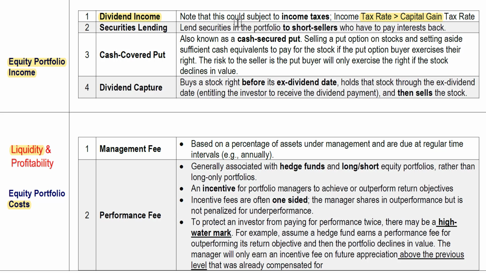But for other types of funds like the 401k pension fund or tax-deferred or tax-exempt institutions like university foundations or trust funds, you don't have to worry about it. So dividends could be a very useful way to generate additional income.